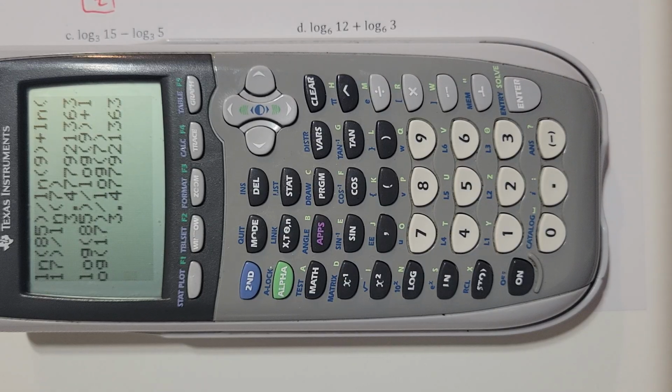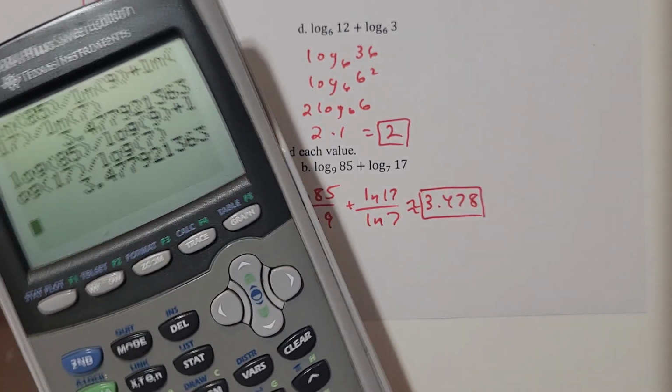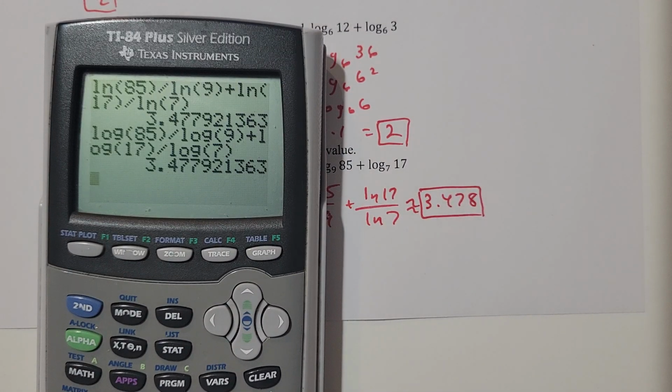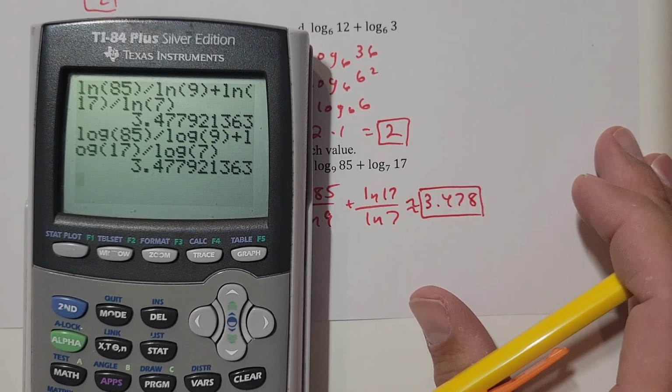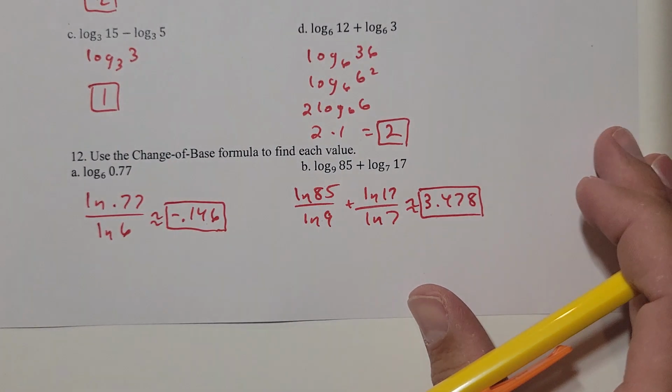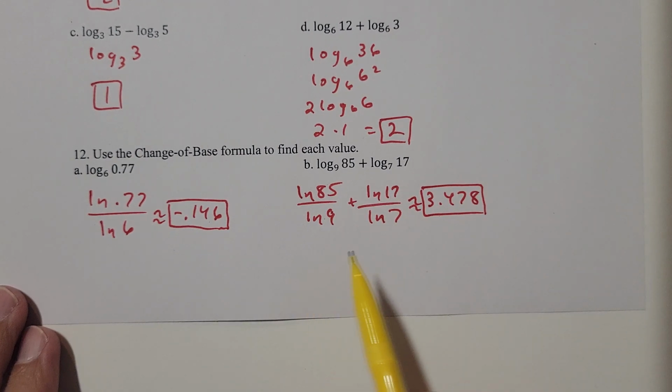I get the same answer. So that's the point that I'm making, that it's not going to matter what the new base is. The idea with changing the base is just that you're going to go to the calculator and have the calculator give you the result.